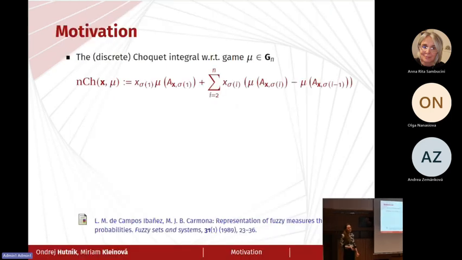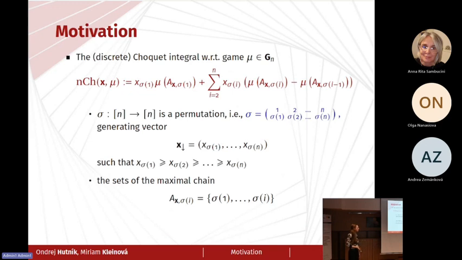Okay, we will start with the standard formula for the discrete Choquet integral, which is defined with respect to games. A game is a set function which is grounded, and that means that the value of the game on the empty set is equal to 0. In the formula, we can see two interesting points.